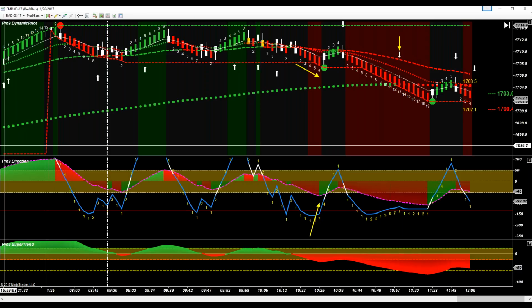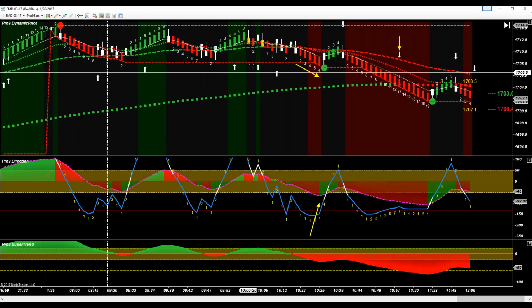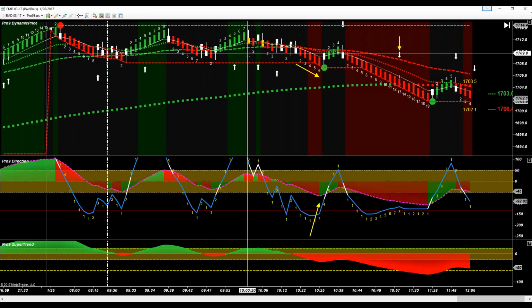Quinn W again, what does the yellow bar represent? We'll see a yellow turn bar. This basically lets us know that our super trend rule is not qualified.